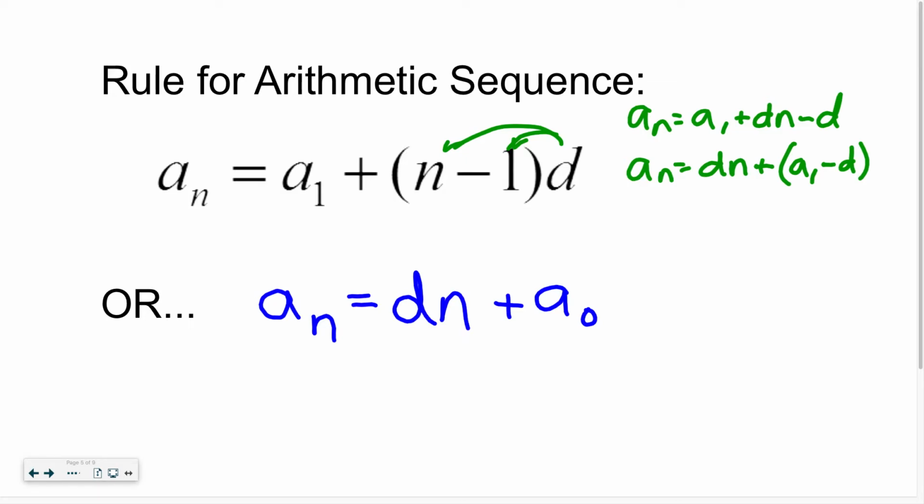And if you take the first term and you subtract the common difference, like we did in that example, you're getting the a sub 0 term. So this is a sub n equals dn plus a sub 0. But I like the linear one better. It makes so much sense to me that it should be a line.